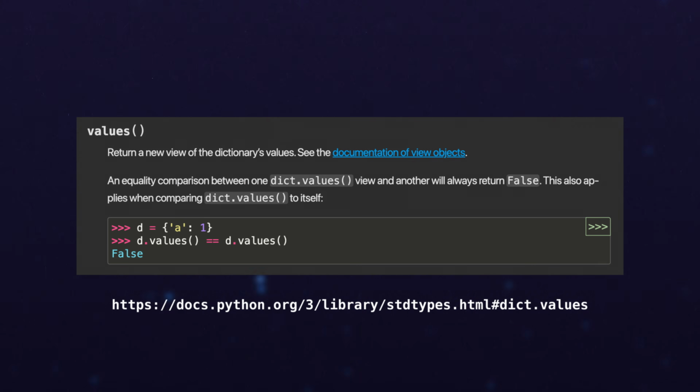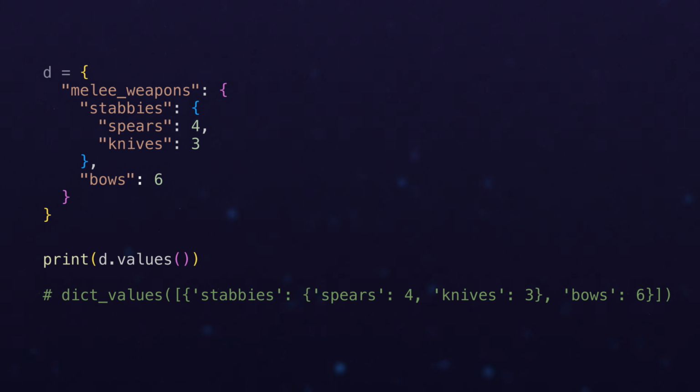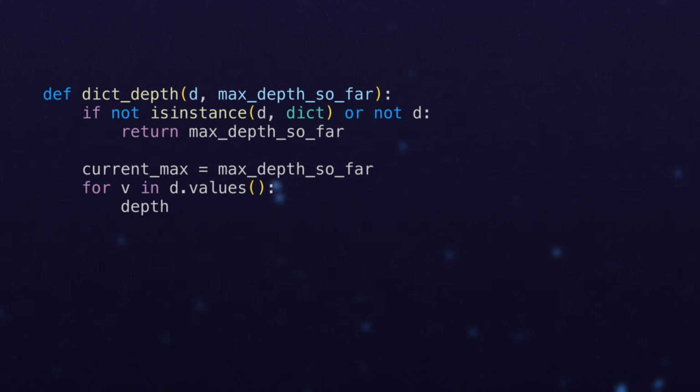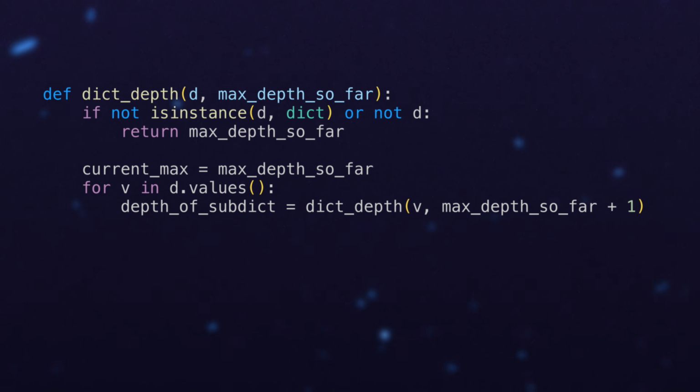Next, we need to iterate over each potential dictionary at this level. In Python, there's a .values method that we can call on a dictionary object to get every value in that level of the dictionary. Now, at each key value pair, we'll recursively call dictDepth, but this time we'll only pass in that nested dictionary. So instead of passing in d, we're going to pass in v.